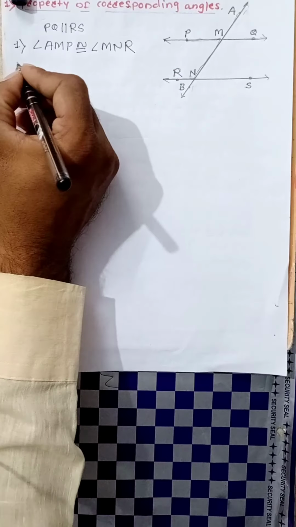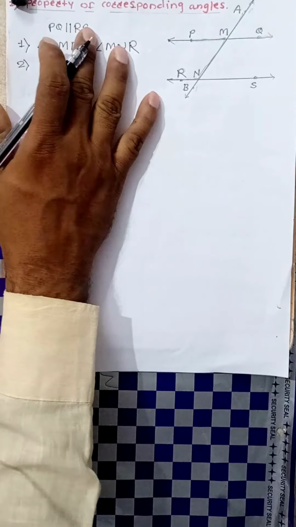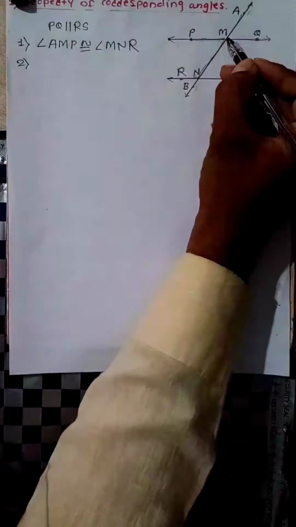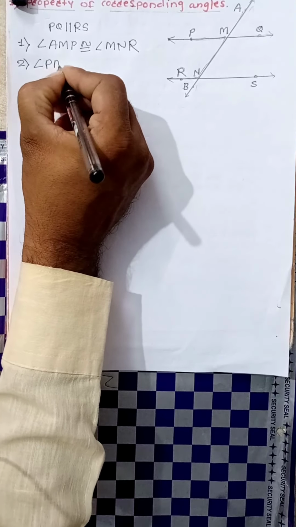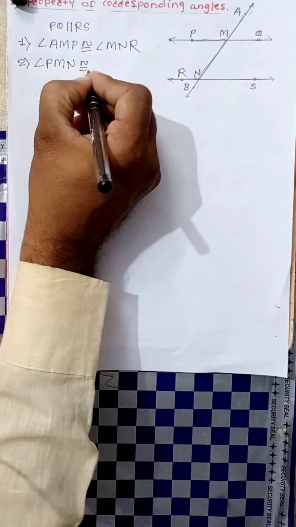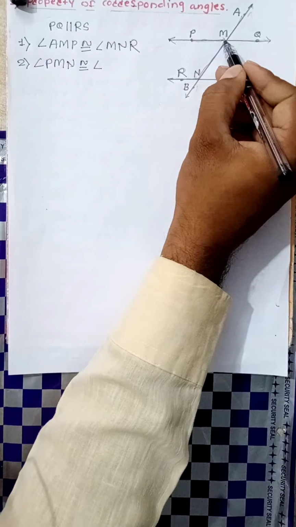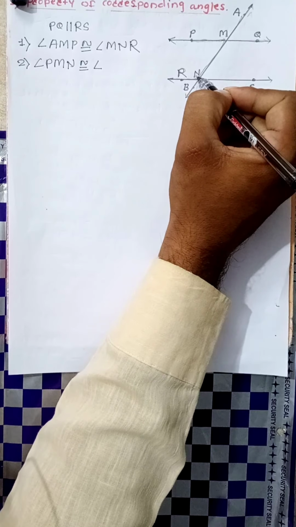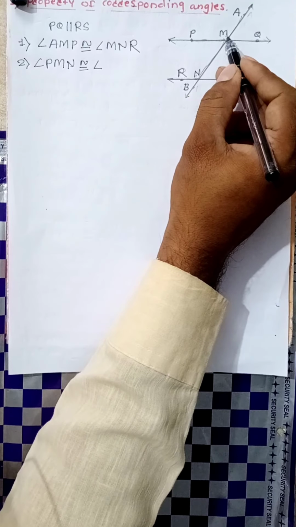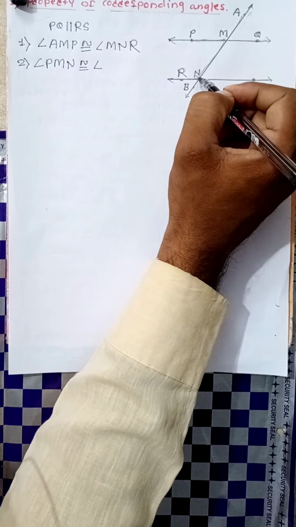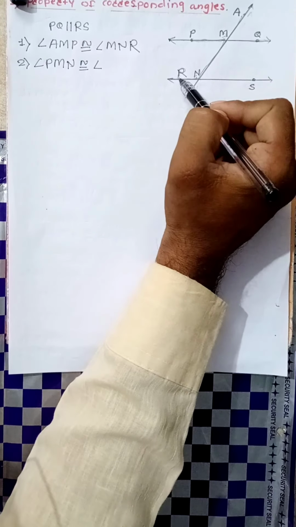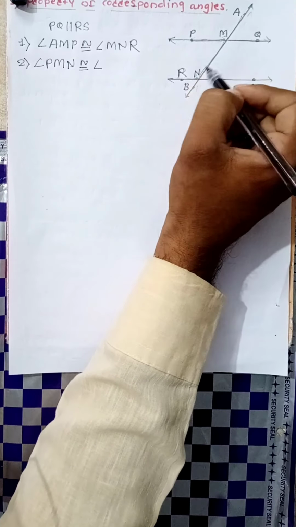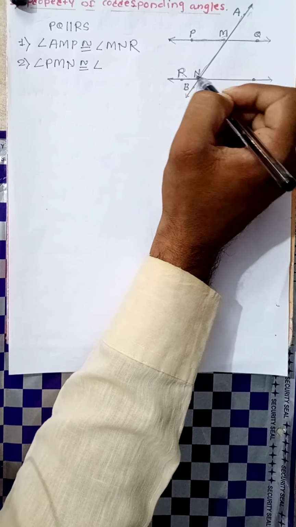Clear? Then second angle is PMN. Angle PMN congruent to angle RNB. So we include both angles M and N. First AMP includes M, second MNR includes N, and then next PMN, so RNB.